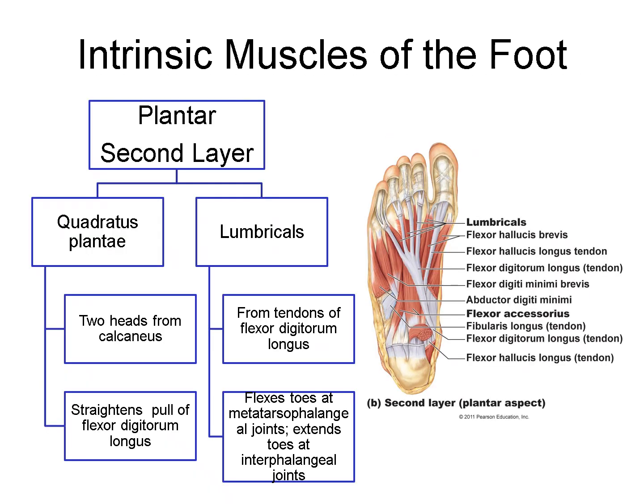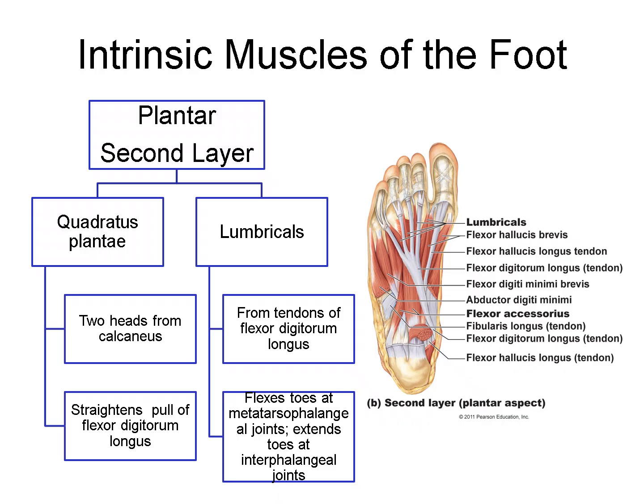The second layer contains a 4-sided muscle called the quadratus plantae that arises via 2 heads from the medial and lateral sides of the calcaneus and inserts on the tendon of the flexor digitorum longus. It straightens out the oblique pull of the flexor digitorum longus.